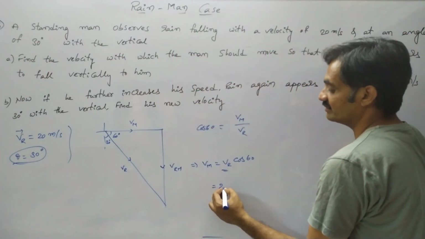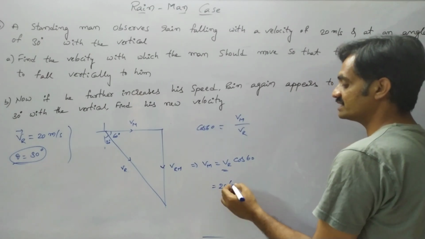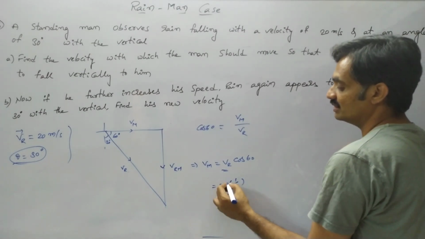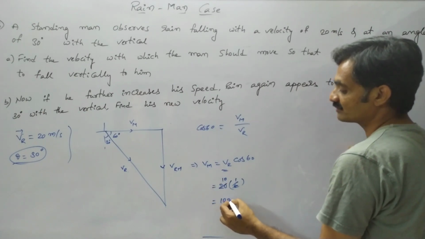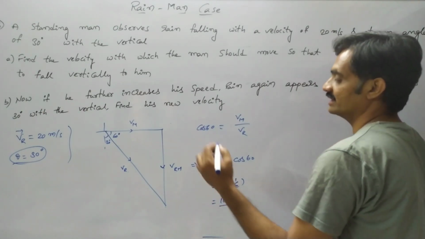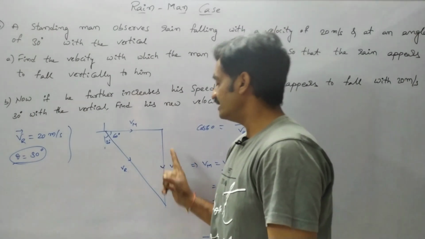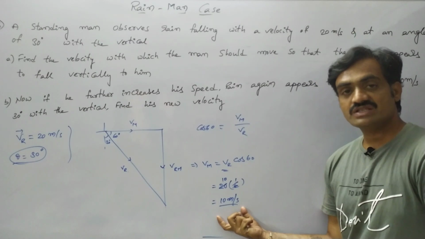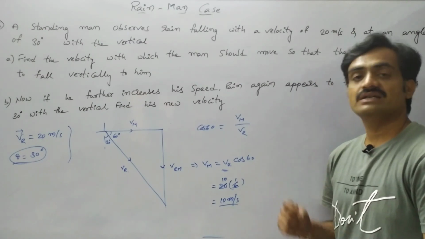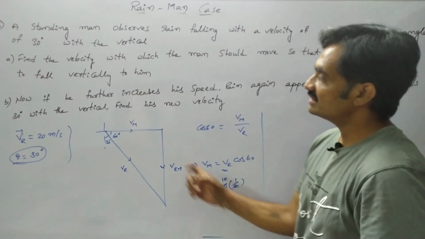So we have 20 into cos 60, which is 1 by 2, so we get 10. The velocity of the man is 10 meter per second. So in order for the rain to appear vertical, the man has to move with a velocity of 10 meter per second. Now observe the second case.